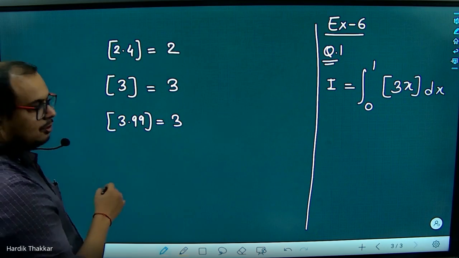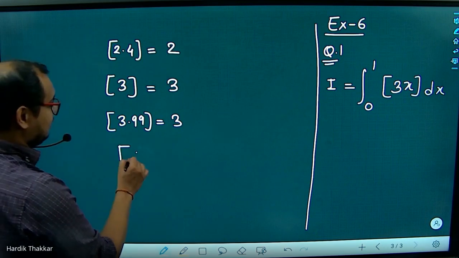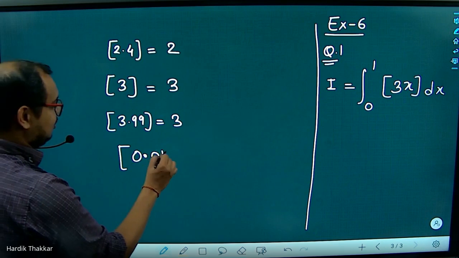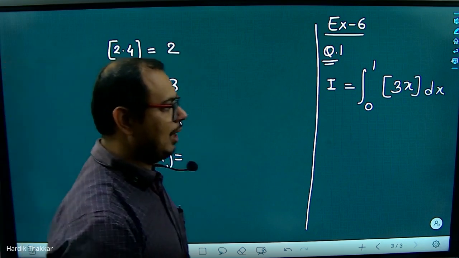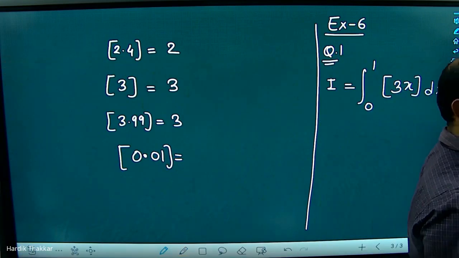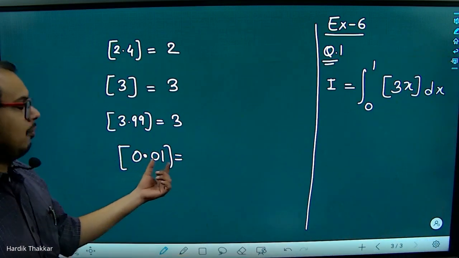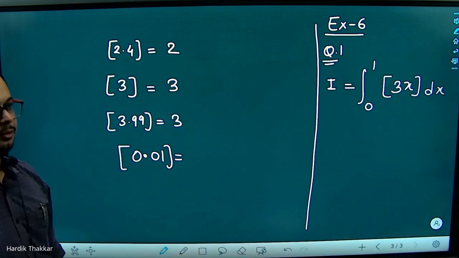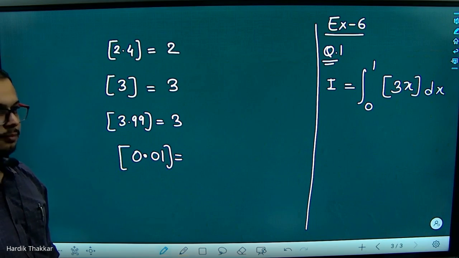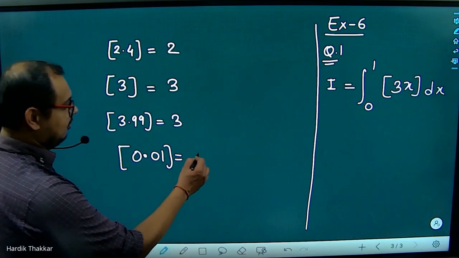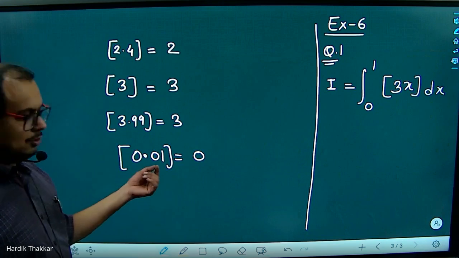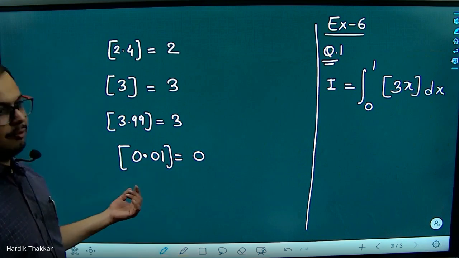So tell me, what about greatest integer 0.01? What will be its value, Shavi? Sir, I think zero only. Yes, its value will be 0, because 0 is also an integer, so before this we get 0.